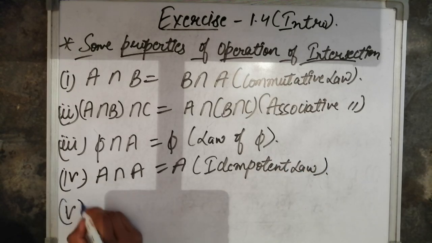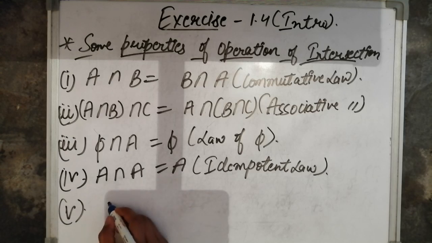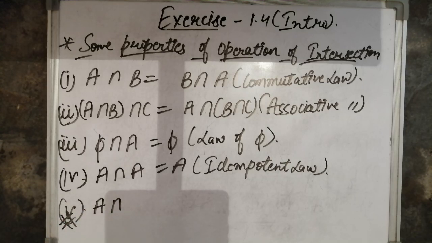Moving to the fifth and last property, we have A intersection B union C. I'm marking this because this is one of the most important identities and many questions are asked in board exams from this identity.